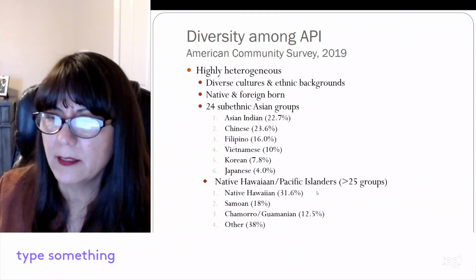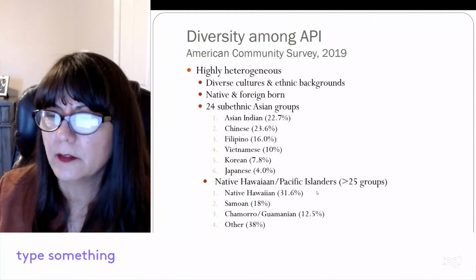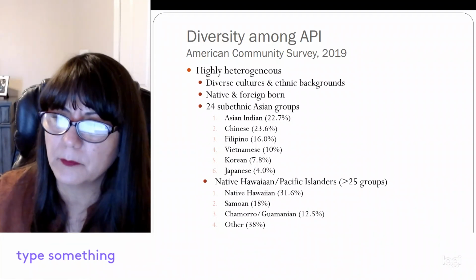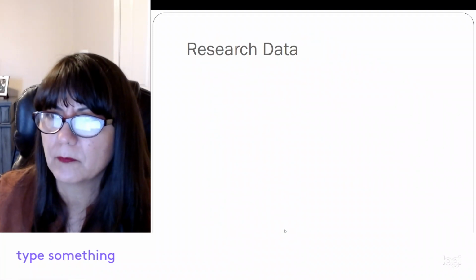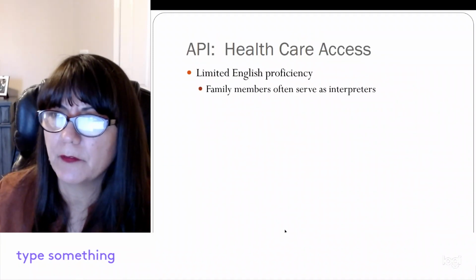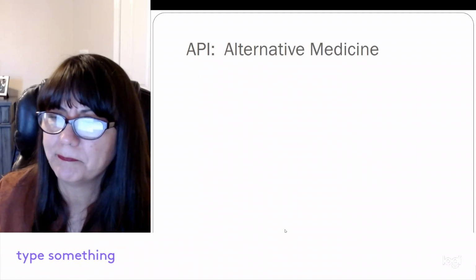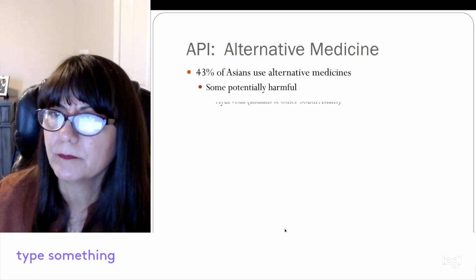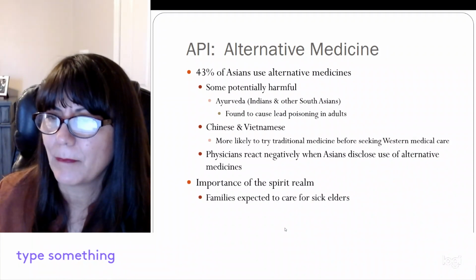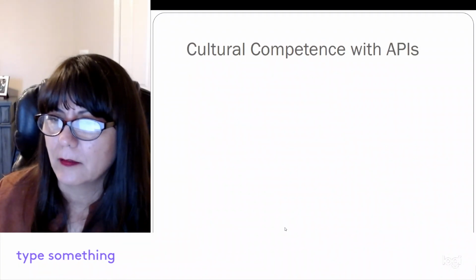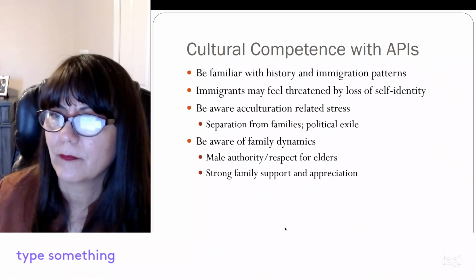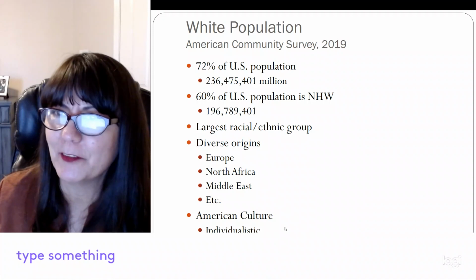Then Samoans, then the Chamorro and Guameans, and then other Pacific Islander subgroups. And so then you can read through the information I provided for you. Okay, because I had a lot of information.